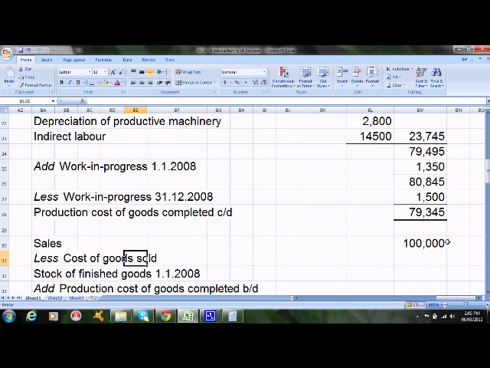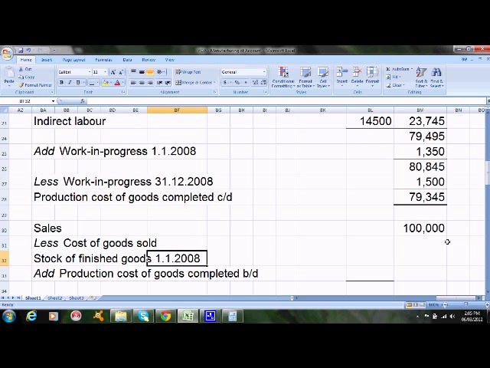Less cost of goods sold. Now, I said before that the TP&L is concerned with finished goods. So go back to your notes at this time, please. Your note says that stock of finished goods is what? $4,000.